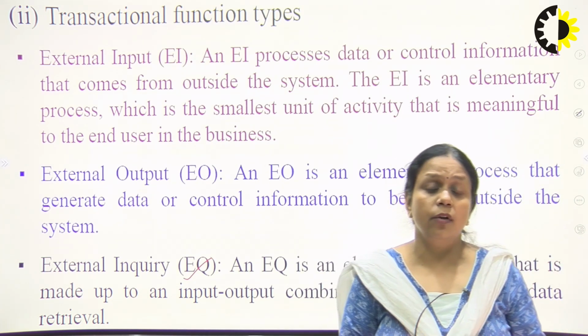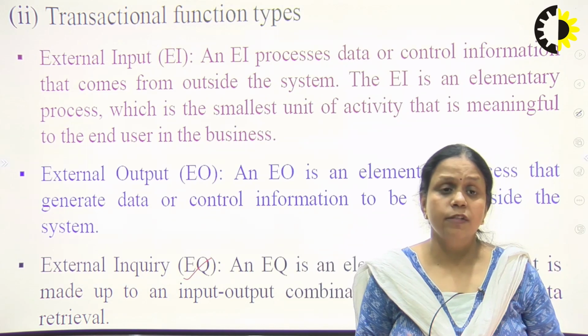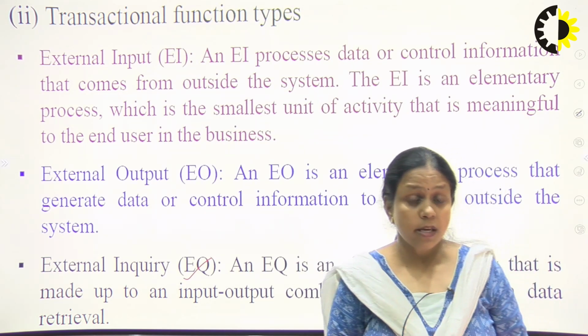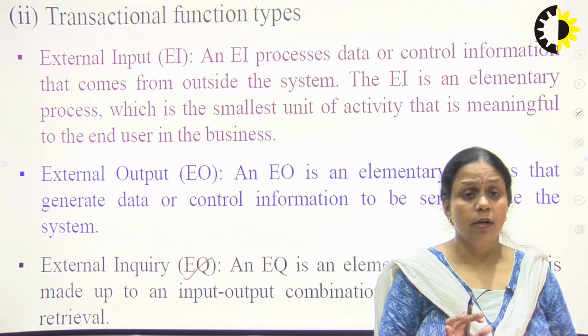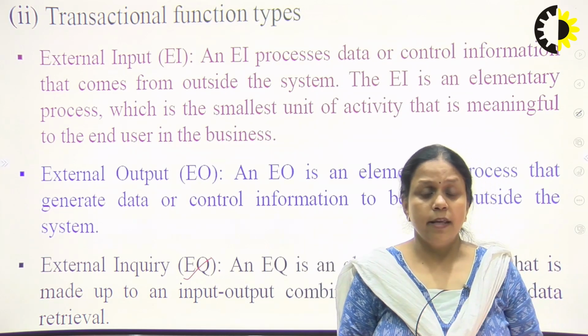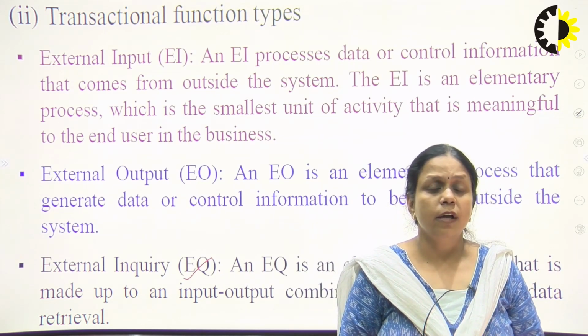So these are the inquiries by which we can retrieve some data, and we will calculate inquiries also here. These are the major 5 factors in the function point. We will calculate these 5 factors, then we can apply function point analysis, and then we will find out the size of the project.